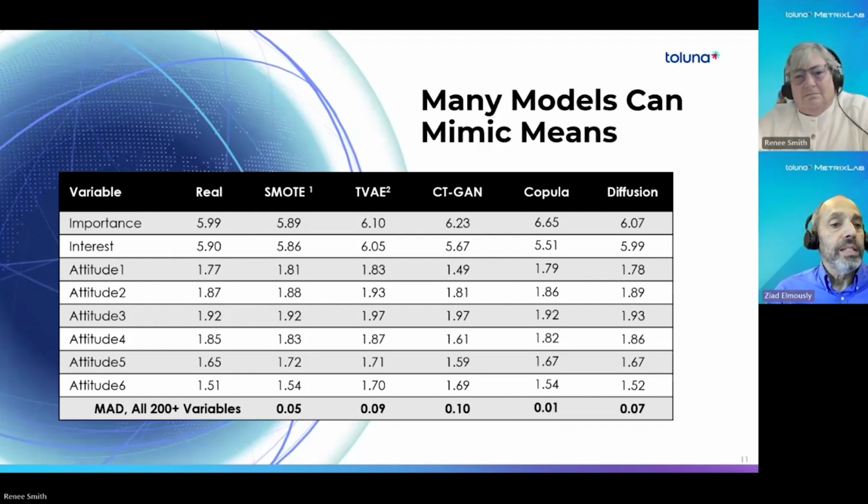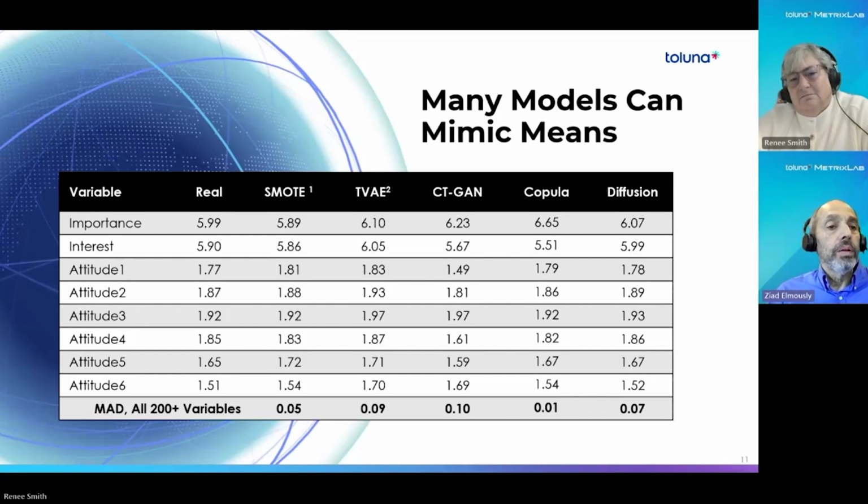The next method is TVAE, which stands for Tabular Variational Autoencoders, and it consists of 2 neural networks, an encoder and a decoder. The encoder maps the input data to a small number of dimensions, whereas the decoder reconstructs the original data from that small number of dimensions.